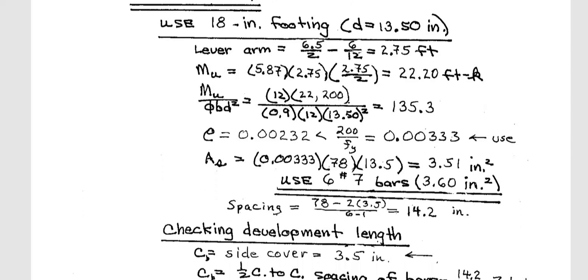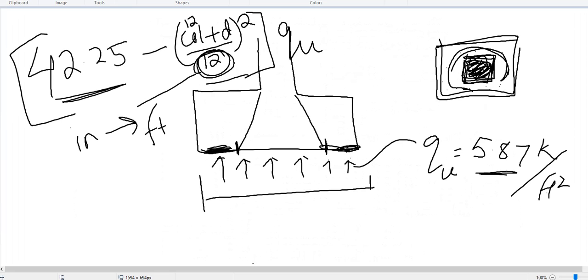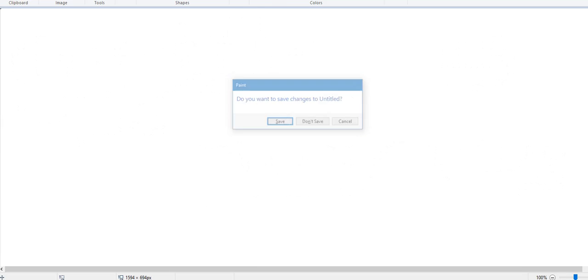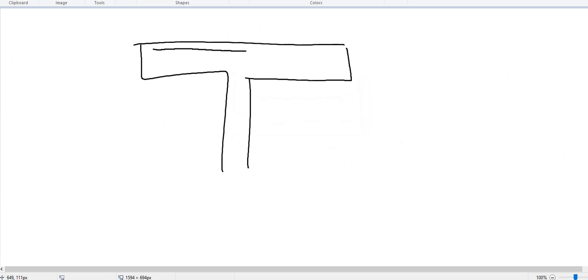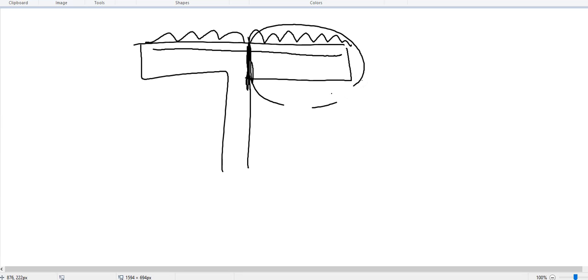So if I go back to my sketch, what is moment design? This is our column. There will be reinforcement here. We will design this reinforcement based on this moment. So what will we do? We will assume this is a cantilever beam, and we will design only this portion. This will be our lever arm.